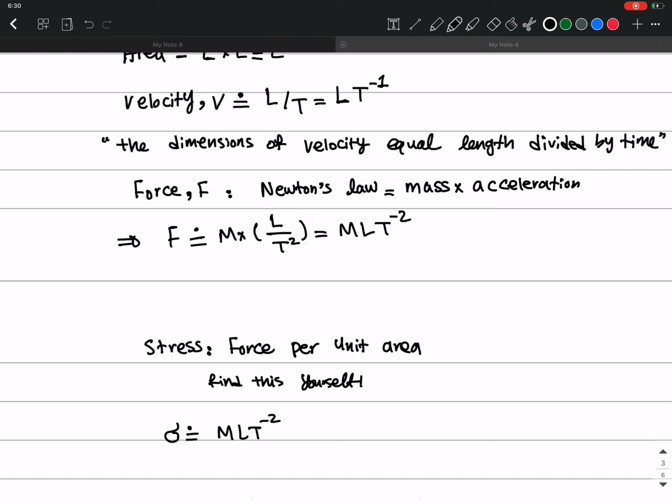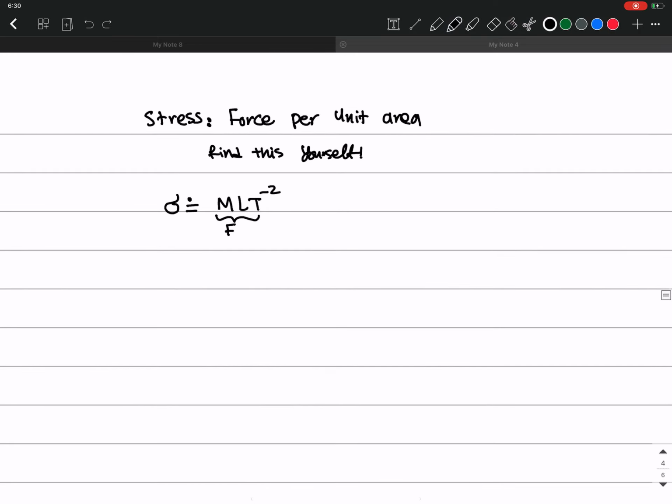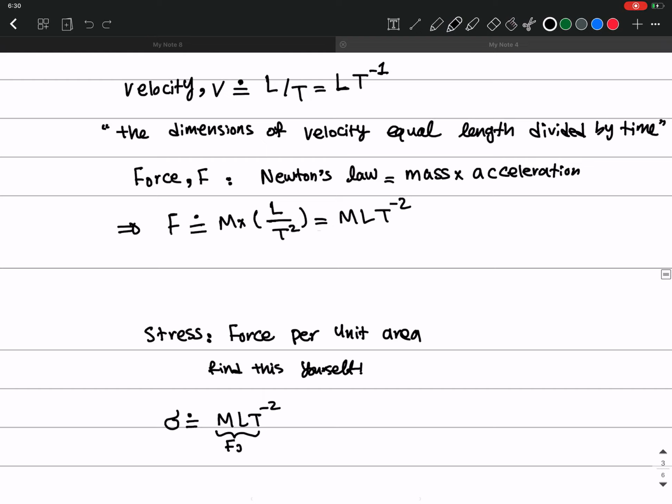This is the dimension of force per unit area, so this is going to be over L squared, which is area.